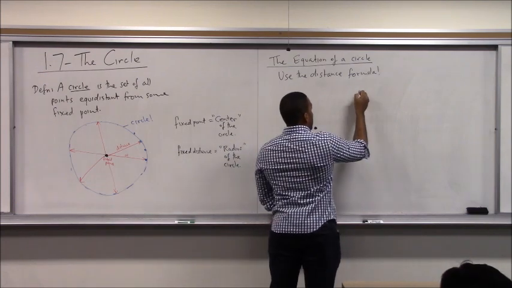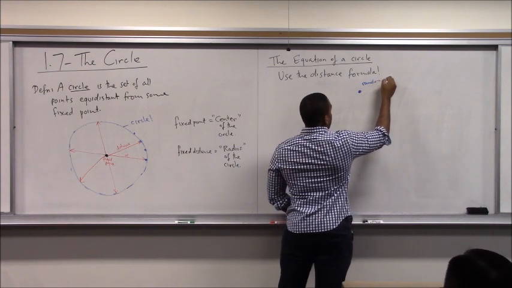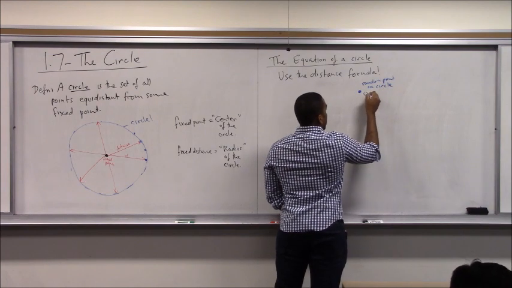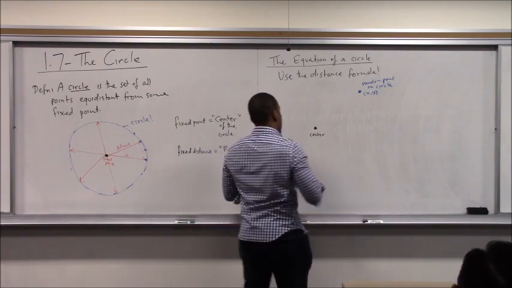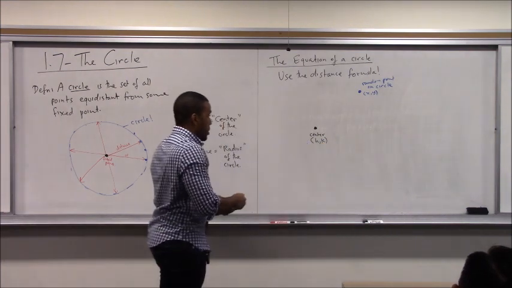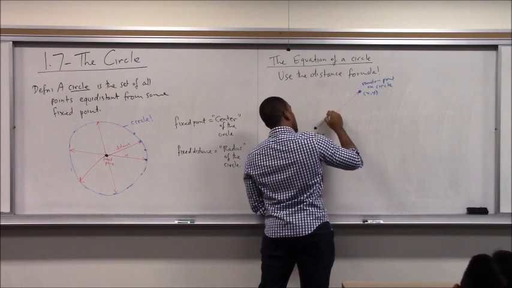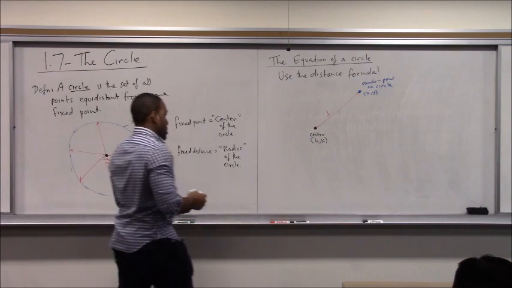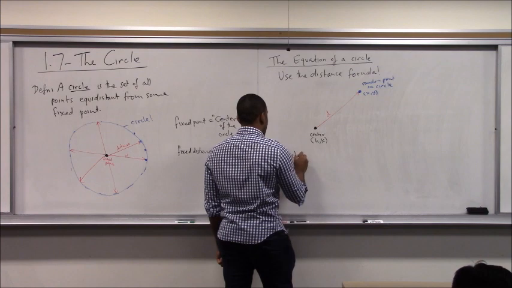Here is a random point on the circle. Let's call it the coordinate x comma y. And let's call the center having coordinate traditionally h comma k. And so now we actually want to measure the distance between these, d. By the distance formula.